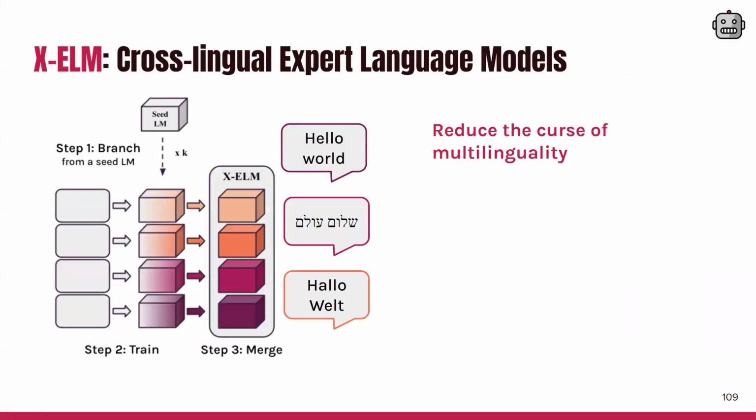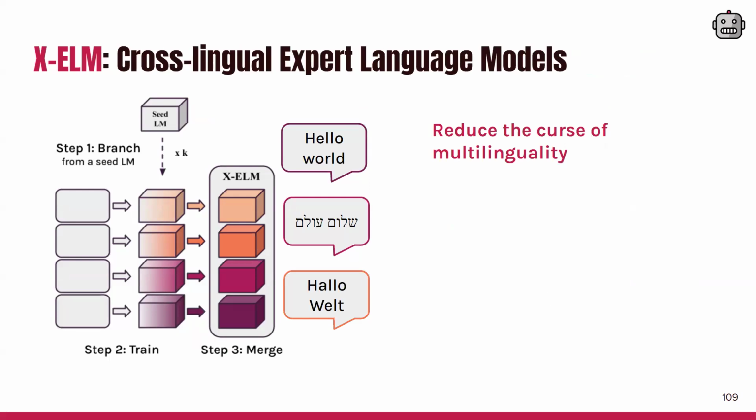Okay. And so from all of these experiments, we find that X-ELMs reduce the curse of multilinguality using the branch train merge paradigm, right? So this allows us to scale multilingual modeling parameters very efficiently in terms of computation, while also allowing us to explicitly allocate those parameters to different groups of the languages.